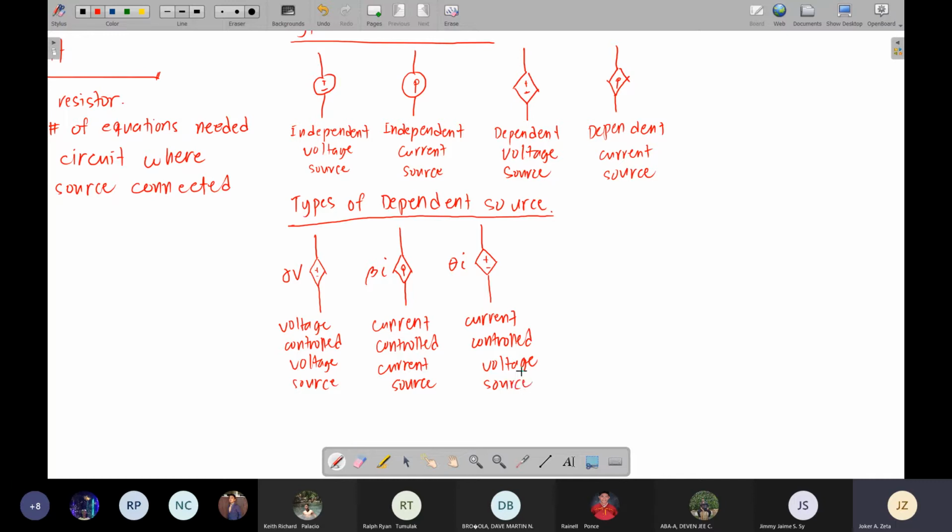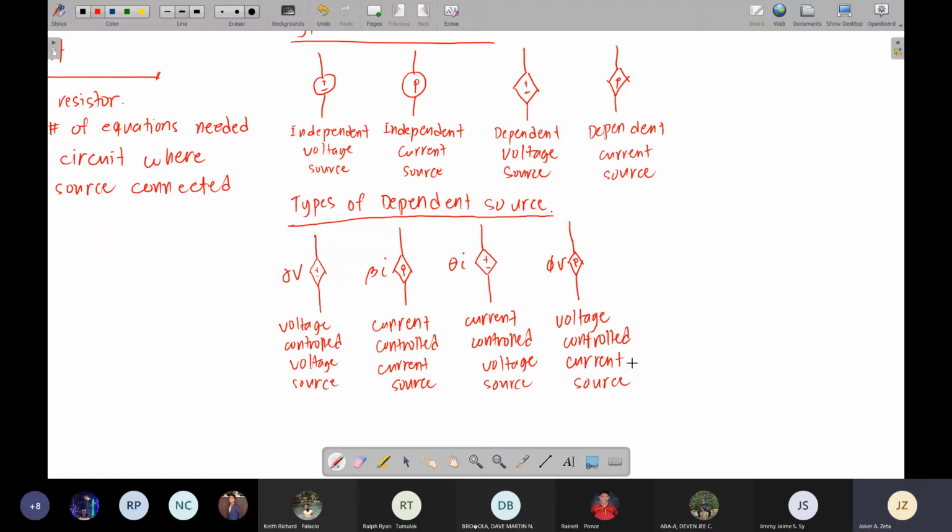So it is a voltage source controlled by current? Yes. And the last type is a current source, let's say PV. It is controlled by voltage. So this is a voltage controlled current source.